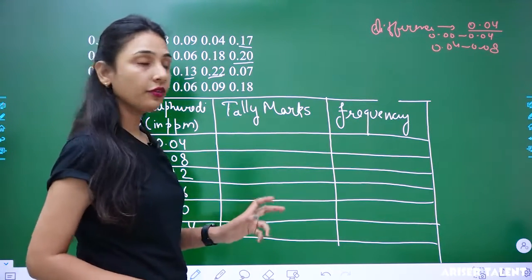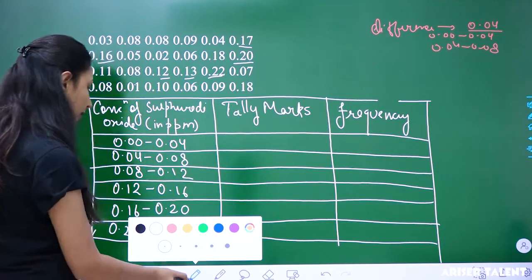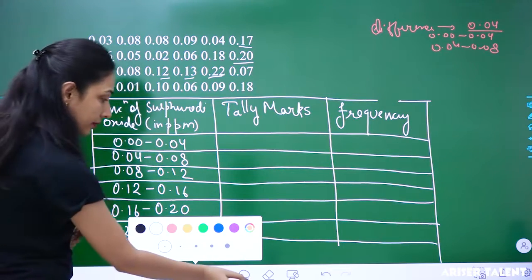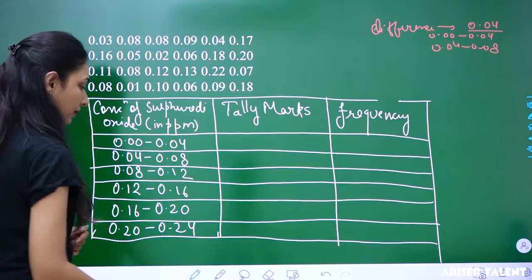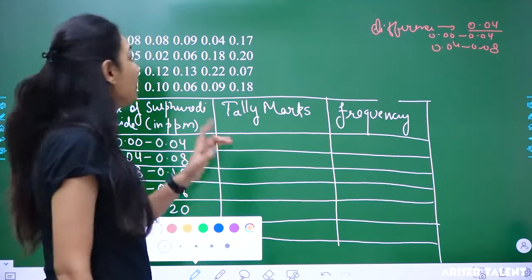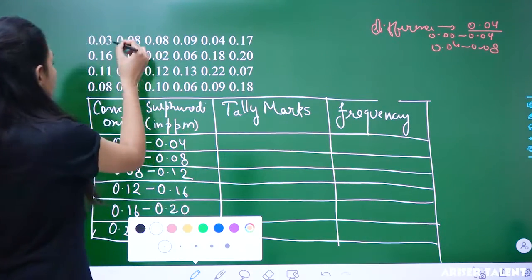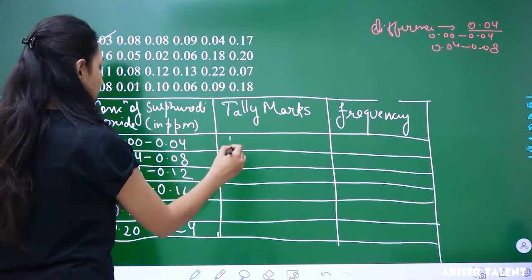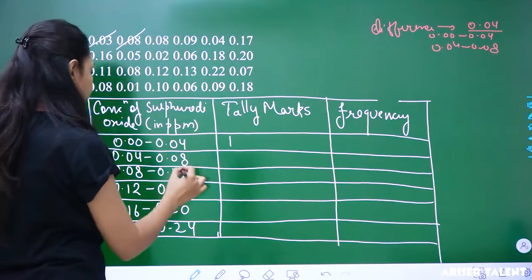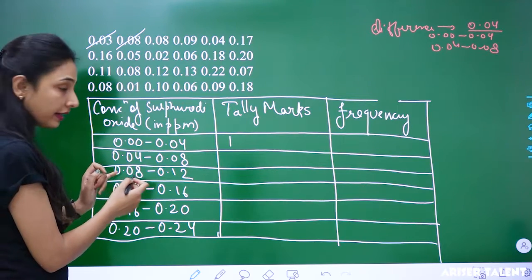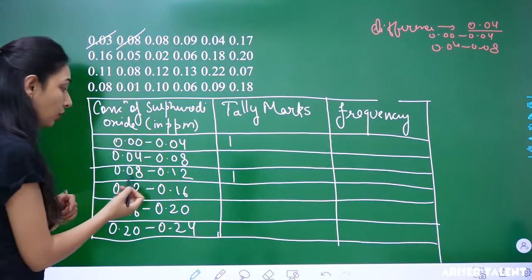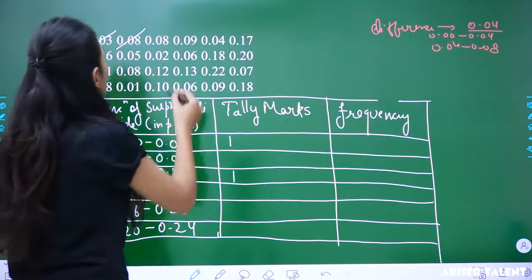Now we are going to do the tally marks. Here we have 0.03. Then 0.08, which will be included here because the lower limit is included.